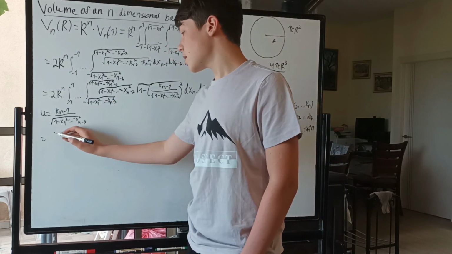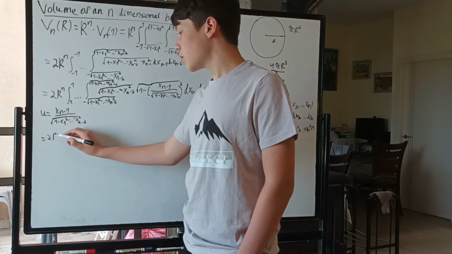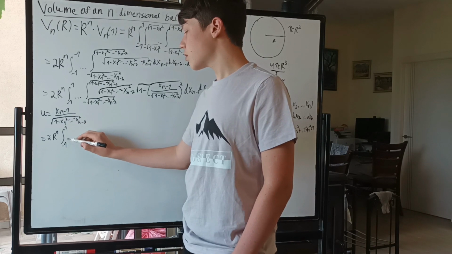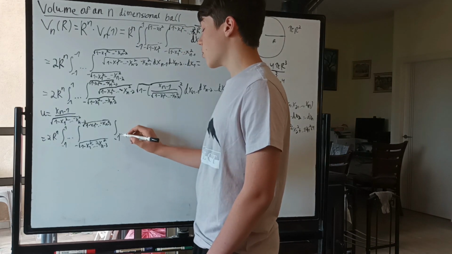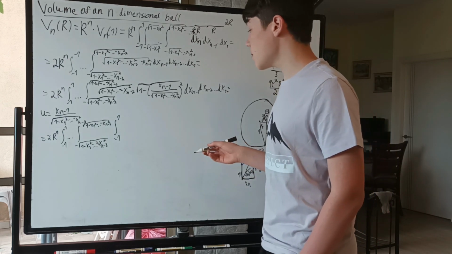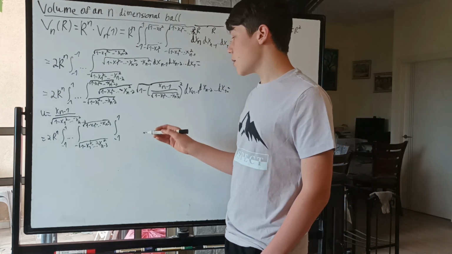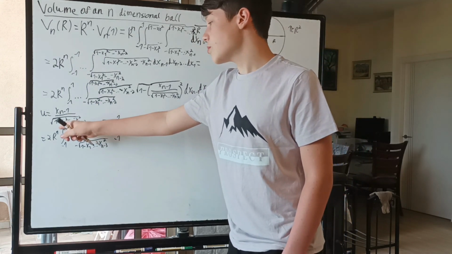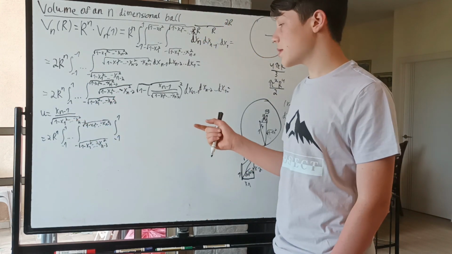So this is 2 to the n, integral from negative 1 to 1, and the next integral, this time of u, will just be the integral from negative 1 to 1. And now here, like I said, dxn minus 1 is du times this square root. This and this is the same, so will just be squared.